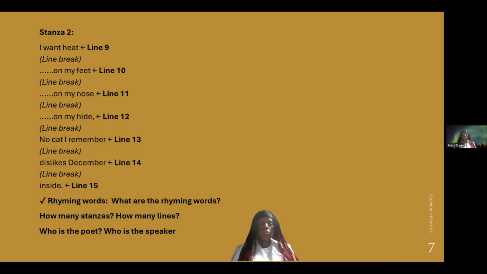So how many stanzas do we see? And how many lines do we see in all of the poem? So we're going to see, what are the rhyming words? Who is the poet? Who is the speaker?